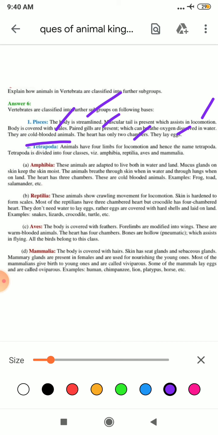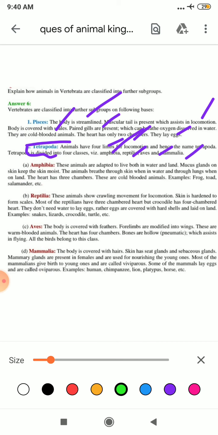If I talk about Tetrapoda, students, tetra means four. Under this all the animals will come who have four limbs, though these can be modified further into wings also in case of aves, but they are Tetrapoda, they have four limbs. And it will include amphibia, reptilia, aves and mammalia.